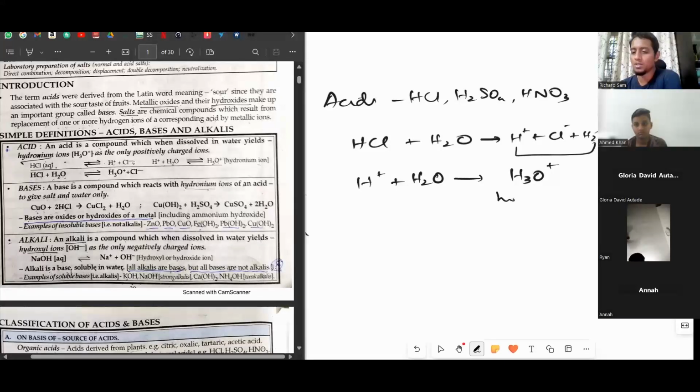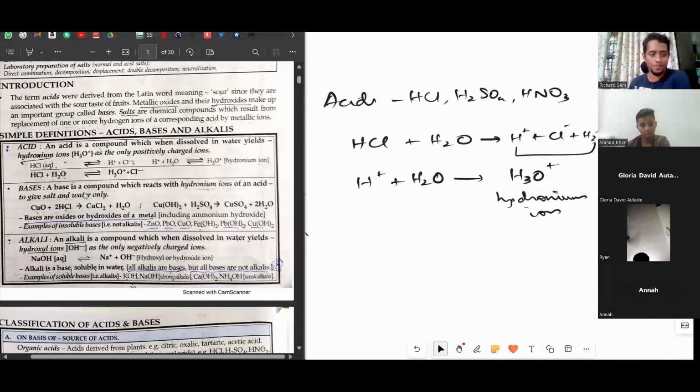This is called the hydronium ion. So the definition of acid says that when all this happens, hydronium ions will be the only positive ions in that acid. Was there any other positive ion? Actually, hydrogen is a positive ion, but that hydrogen joins with the H2O to form hydronium ions. Everyone clear?